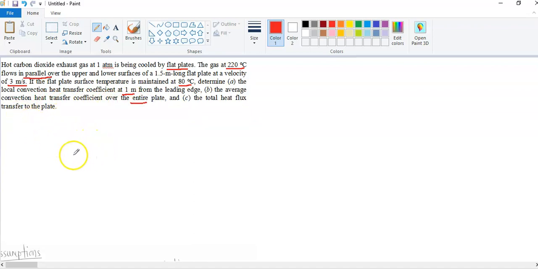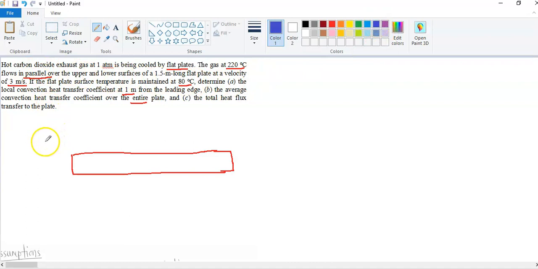So let's say this is the flat plate, and the hot carbon dioxide gas, initially at 220 degrees centigrade, is flowing this way, and the free stream velocity is 3 meters per second.